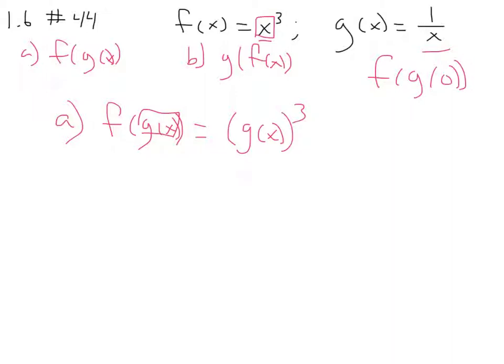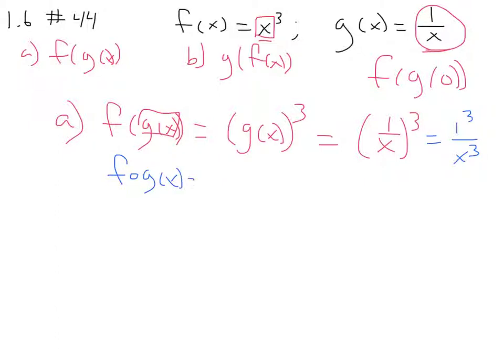Now our g of x was 1 over x. So this is 1 over x cubed. Now if we remember our rules about fractions and powers, this is 1 cubed over x cubed, but 1 cubed is 1. So in this case our f of g of x is simply 1 over x cubed.